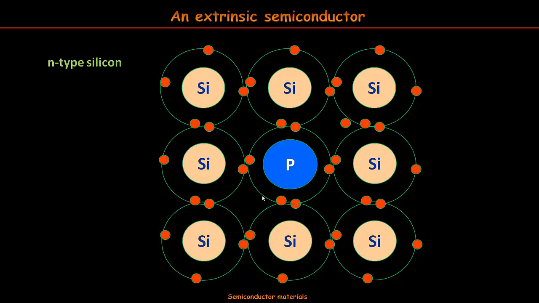Focusing on the phosphorus atom, its atomic number means that it should have 5 electrons in its final layer, but in fact it has 4 now. Technically, it has become a positive ion anchored to the silicon network with no movement.